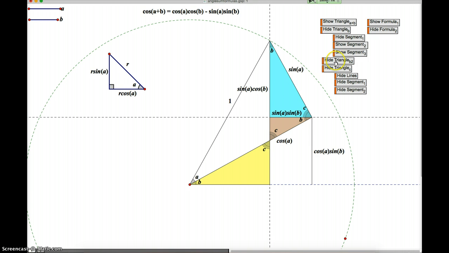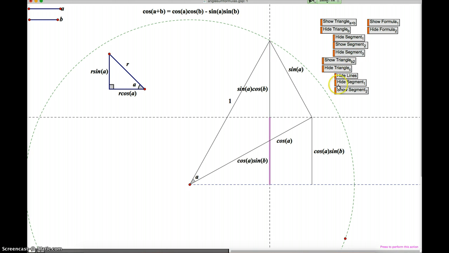Now I'm going to hide all these triangles again and focus just on that segment. If we recognize the segment we identified before from that first triangle, the cosine of A times the sine of B is congruent to this segment right here, which I will go ahead and show.